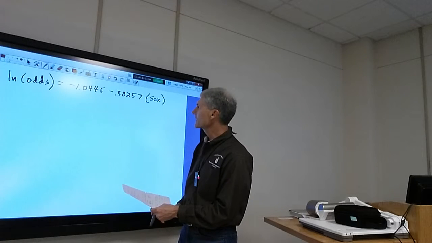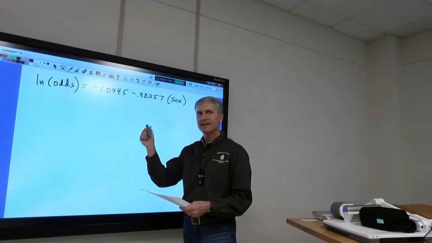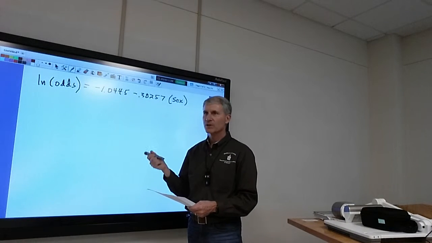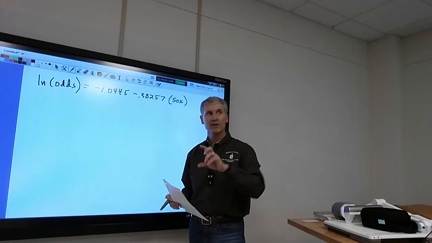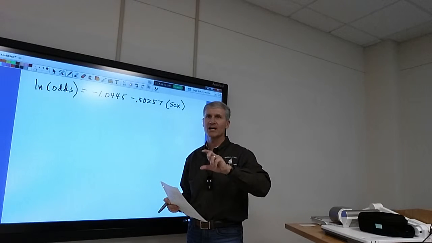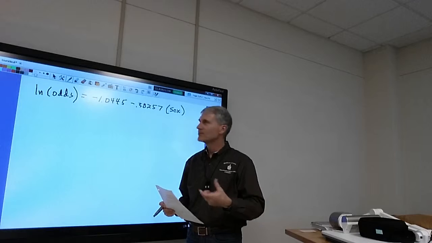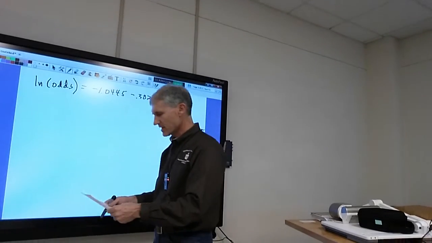Okay, now, an interesting thing happens when you're dealing in the log scale with these parameter estimates, and it's why we are interested in odds ratios and not differences in odds, because of this little nice thing.